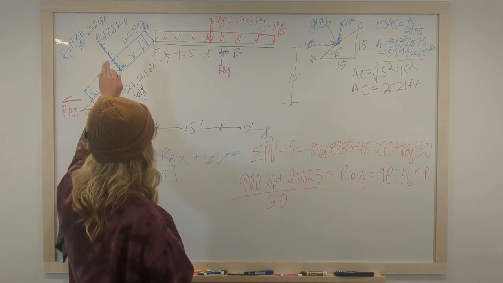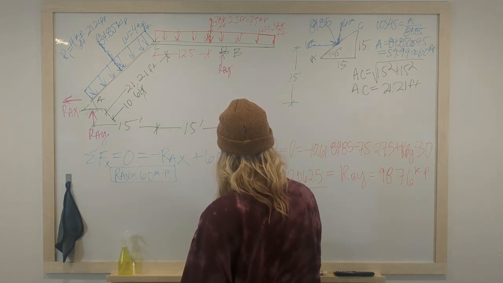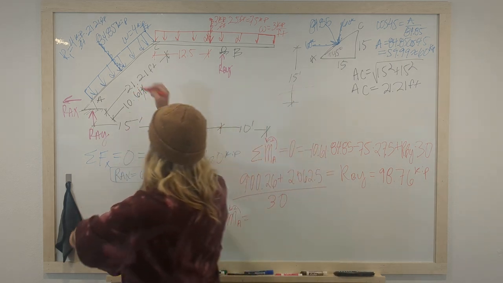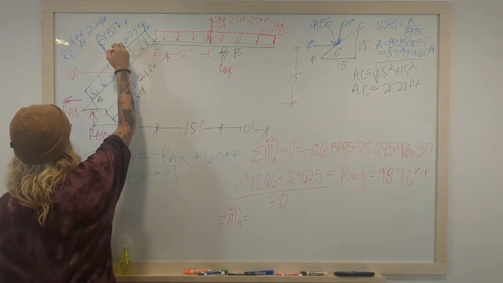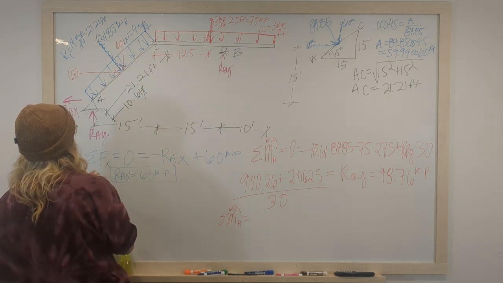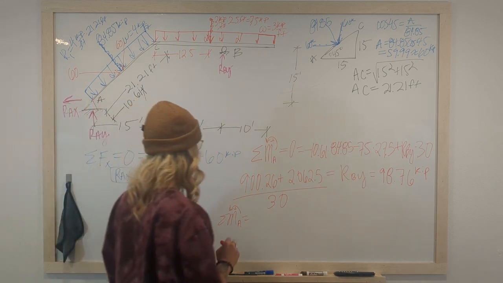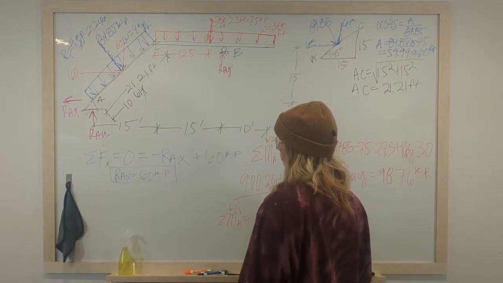Well, let me show you, I do want to show you this. Sum of the moments about A is equal to, we could have broken this one up. So this was 60 and this was 60, and they're going to be at half of 15, 7.5. These are both causing negative rotation.